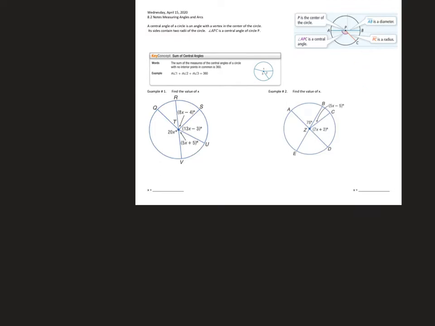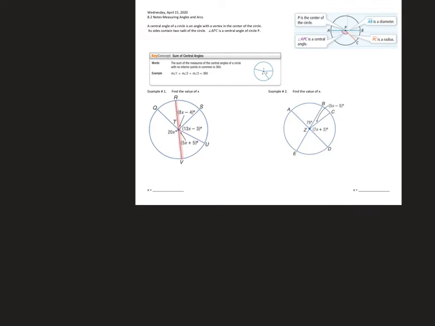So let's look at our first example. It says to find the value of x. If I highlight from R to V, we know that that is a diameter, and the diameter is half of a circle.